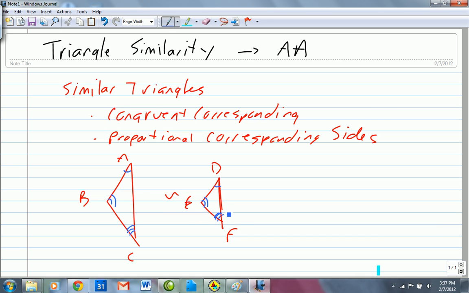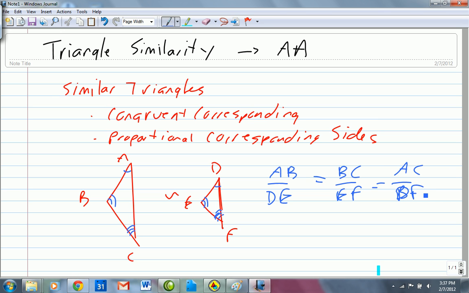Also, because they are similar, the ratio of corresponding sides needs to be preserved. Corresponding sides are proportional, which means this: the ratio of AB over DE is going to be the same as the ratio of BC to EF, which is going to be the same as the ratio of AC to DF.